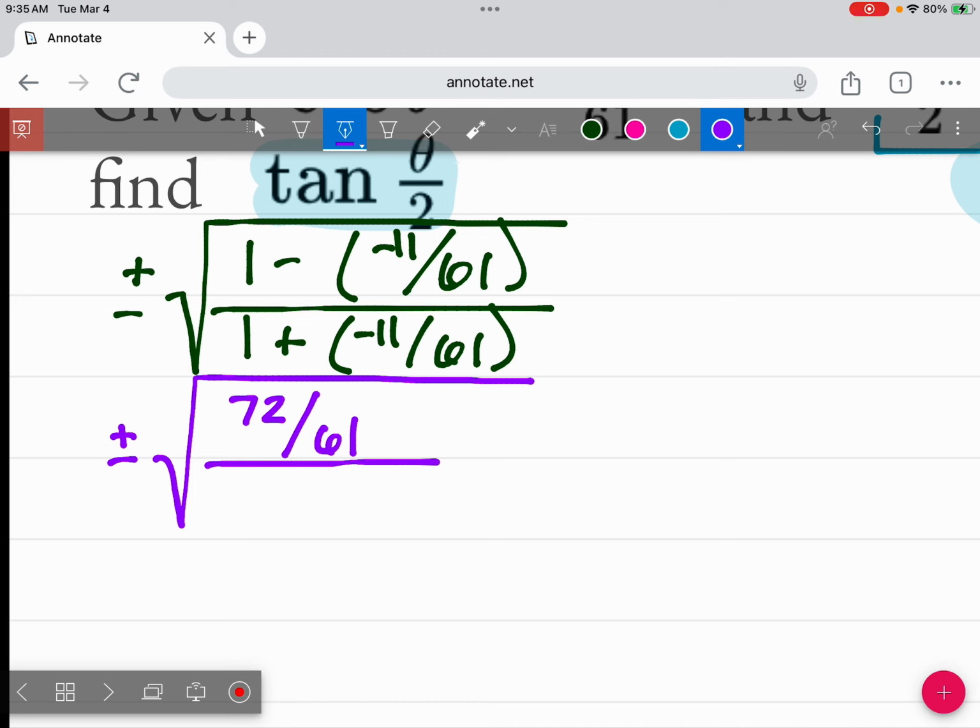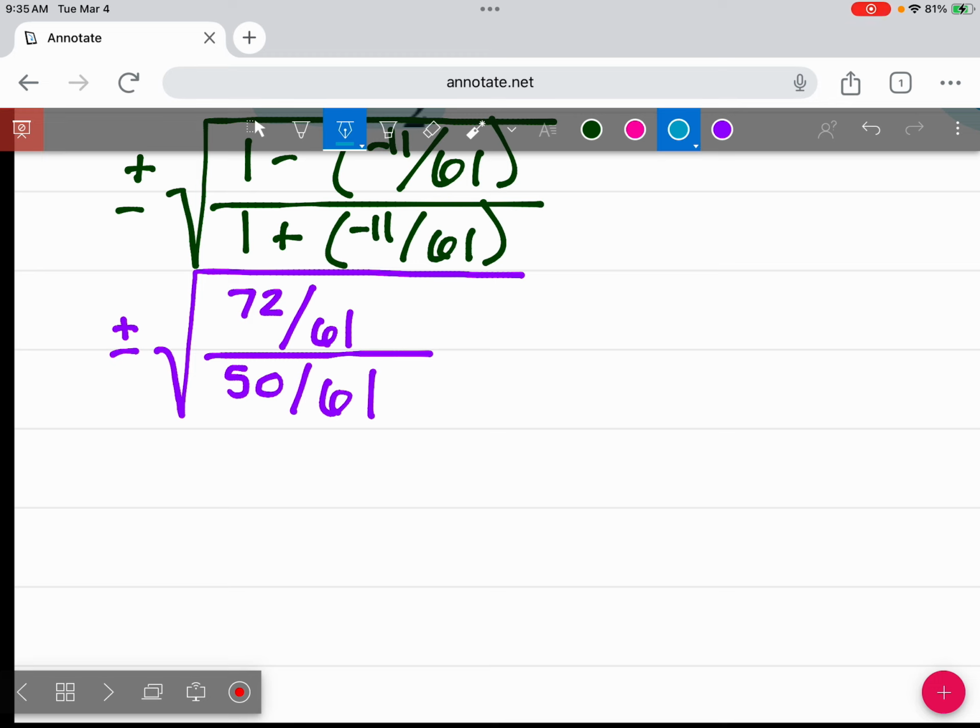In our denominator, 1 plus negative 11 over 61 is 50 over 61. Our 61s cancel, so we have plus or minus the square root of 72 over 50.